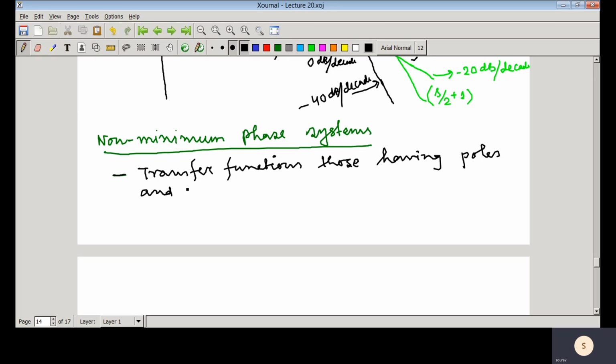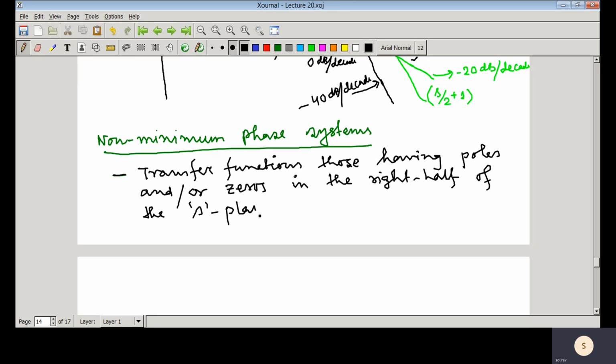So that means if you have a transfer function, if it has a pole or zero in the right half of that S-plane, they are known as non-minimum phase system.